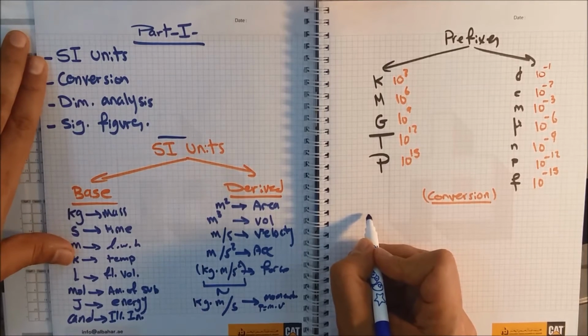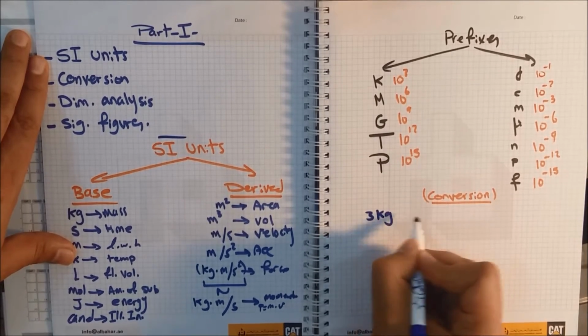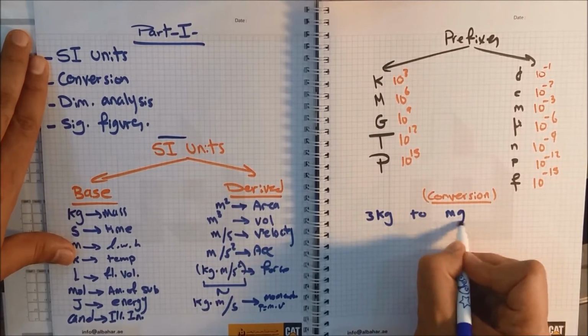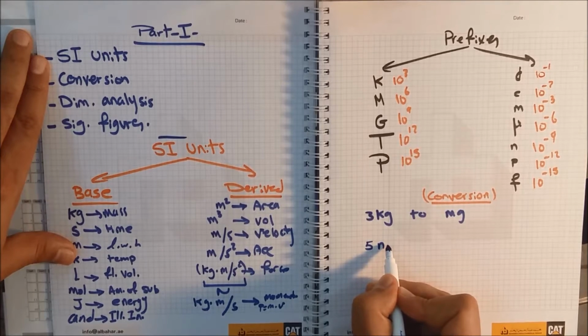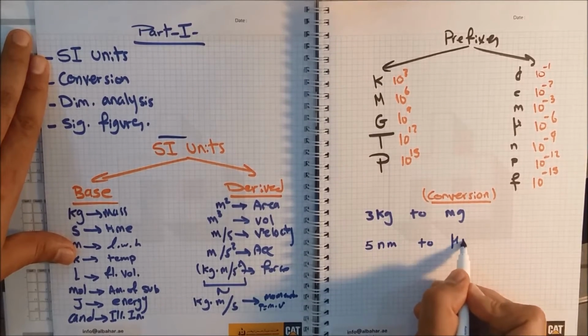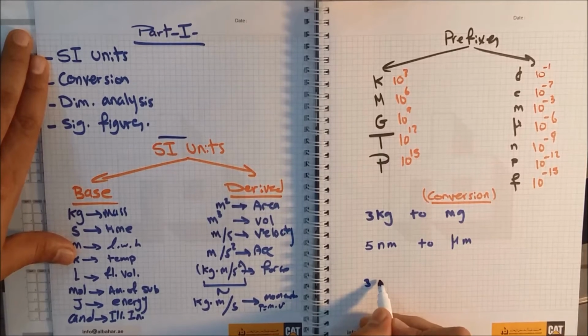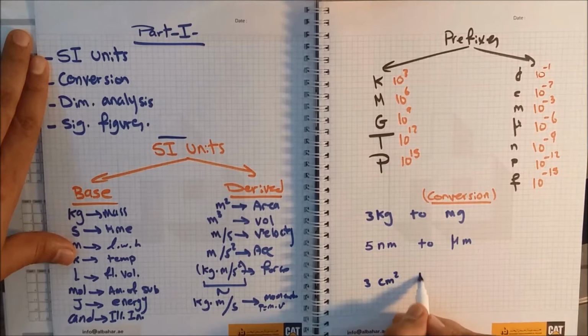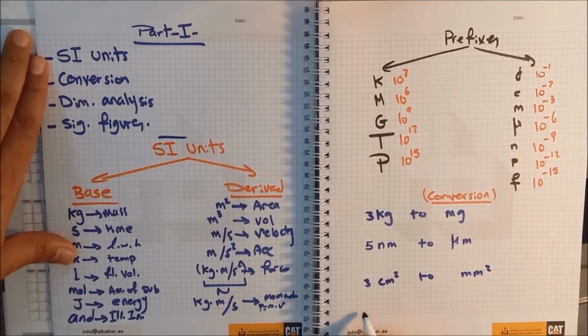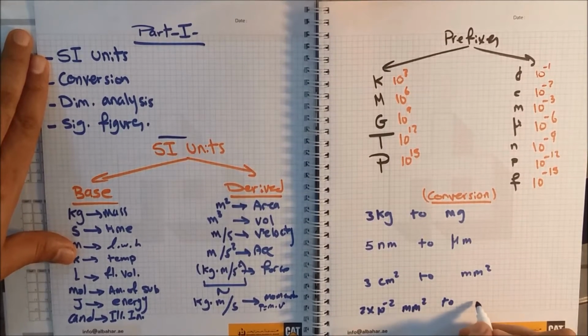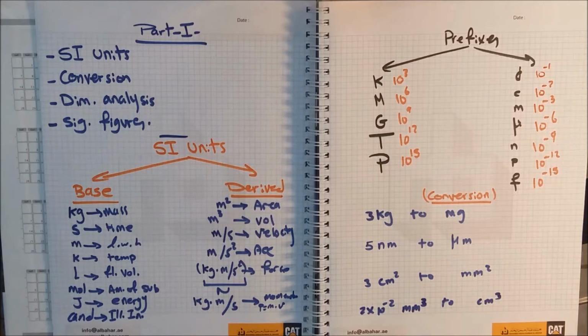Let's say that someone needs to convert 3 kilograms to, let's say, milligrams, 5 nanometers to micrometers, 3 centimeter square to millimeter square, and finally, let's say 2 times 10 to the power of negative 2 cubic millimeter to cubic centimeter. Let's use the cube here.